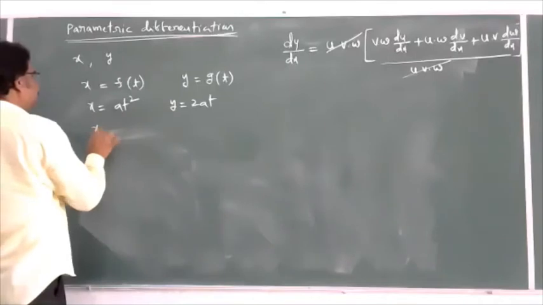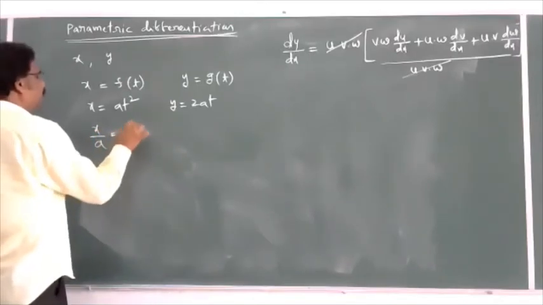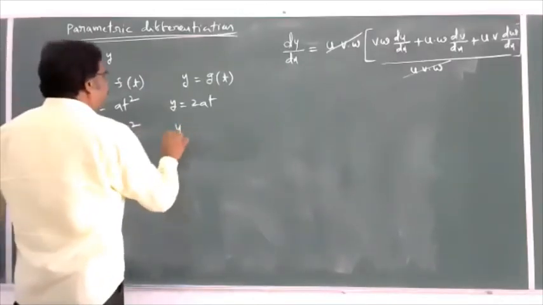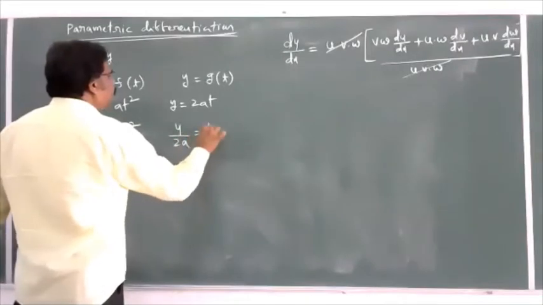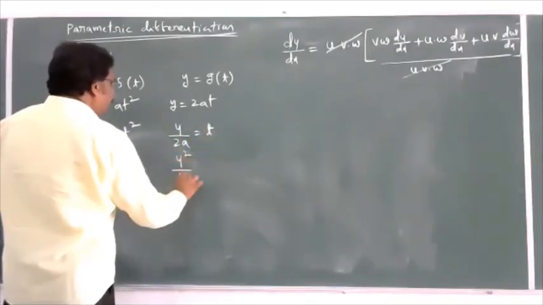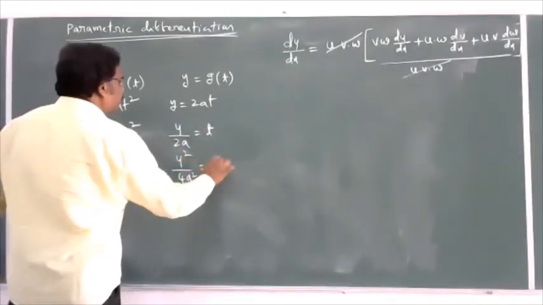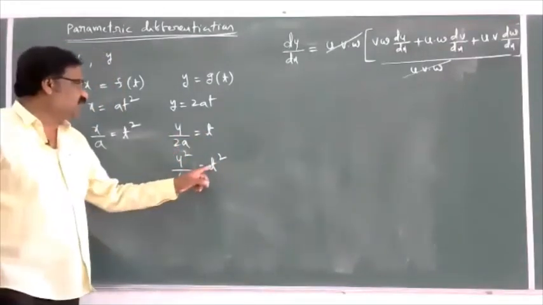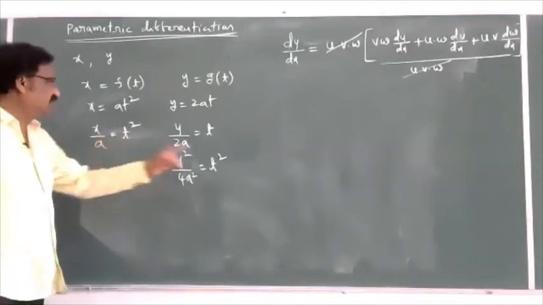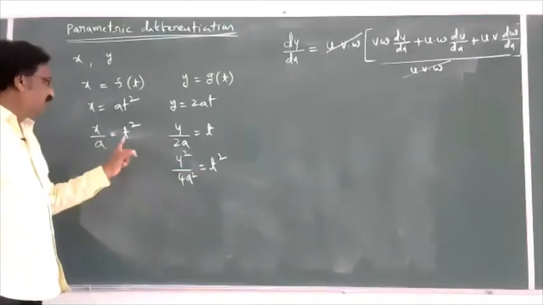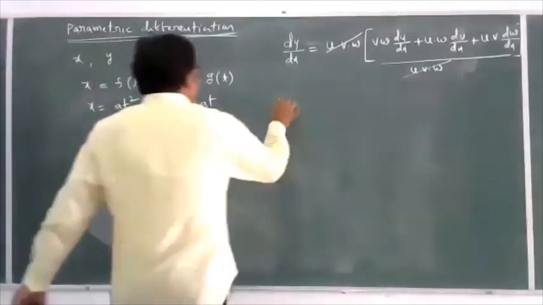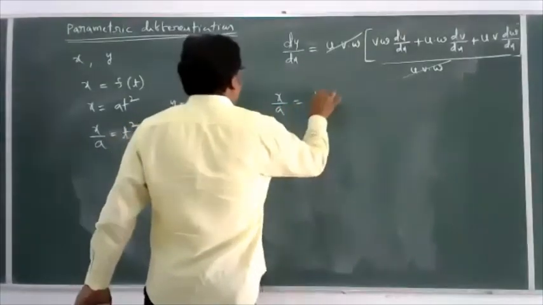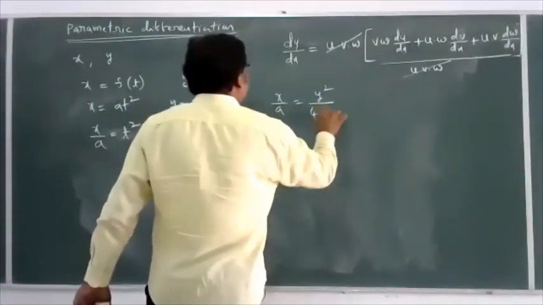For example, x by a is equal to t square. From this we get y by 2a is equal to t. Squaring on both sides, y square by 4a square is equal to t square. From these two equations, we get x by a is equal to y square by 4a square.